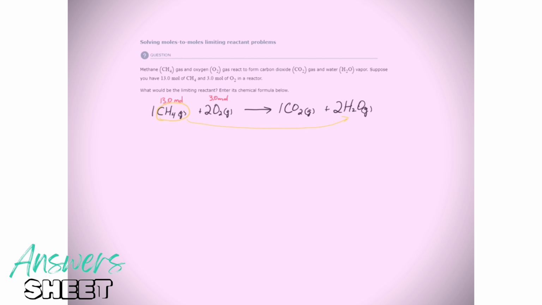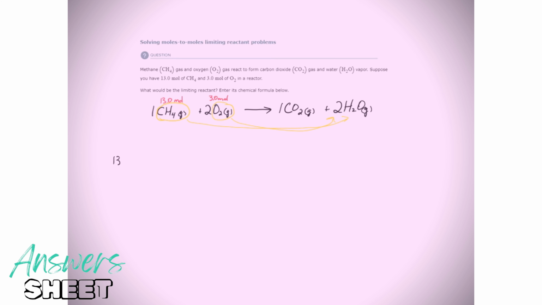And then we're going to do the same thing with oxygen. If I have plenty of methane, how much water can I make from 3 moles of oxygen? We're going to also convert to water. And the substance that's going to give me the least amount of water is my limiting reactant. So let's do it. Let's see what we get.